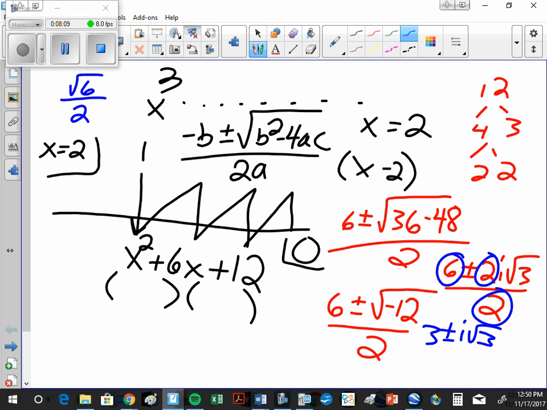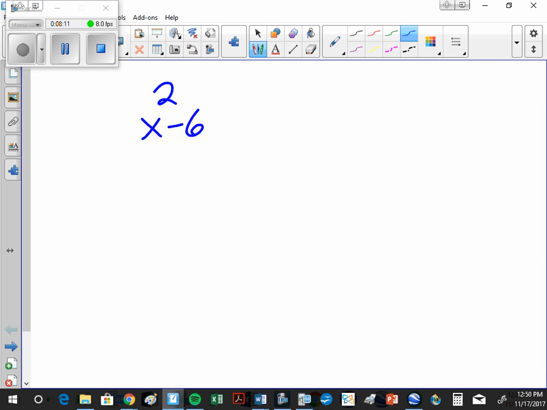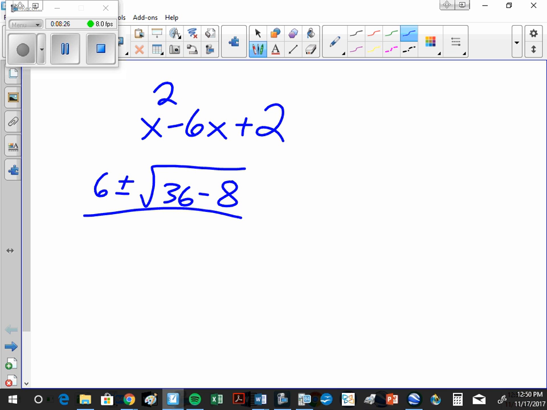All right? What if I had this? Does that factor? No. So we use the quadratic formula. 6 plus or minus the square root of 36 minus 8 over, well, let's do one with the leading coefficient just for fun. So it'd be minus 4 times 2 is 8 times 3 is 24 over 6.